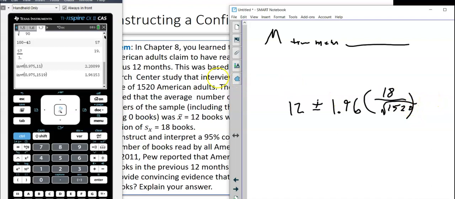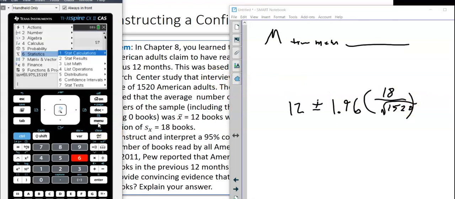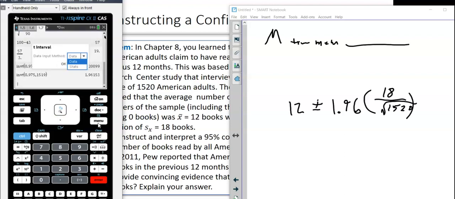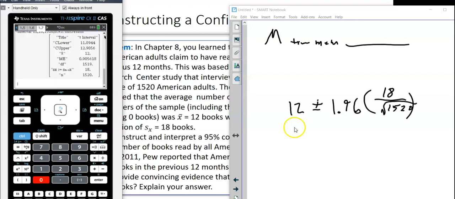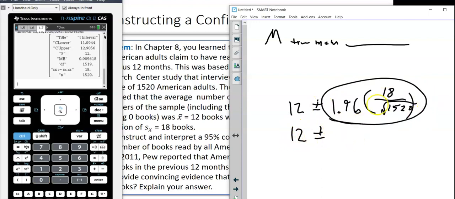What I would do now is do this in your calculator. Go to menu, 6, confidence interval, and then t interval is 2. Choose stats, we'll do data tomorrow. This is 12, 18, n was 1520, and 95%. It gives you a bunch of stuff. So I'm going to write down 12 plus or minus the margin of error, because these two together are the margin of error.